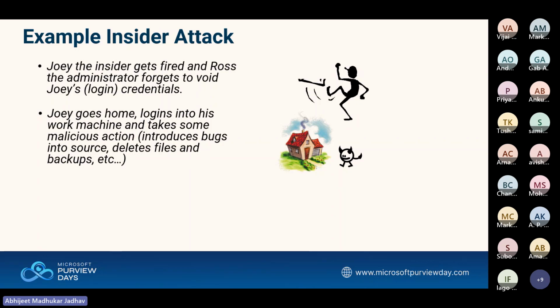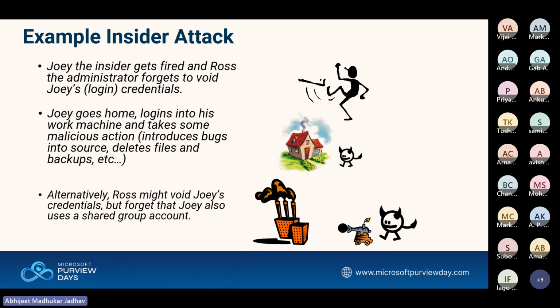He introduces bugs in the system, deletes files, and backs up the important data of the company on his personal devices. When Ross comes to know about this, he voids the credentials Joey has. But Joey also has the service account or group account information, and he is still able to make a considerable dent in security and cause loss to the organization.